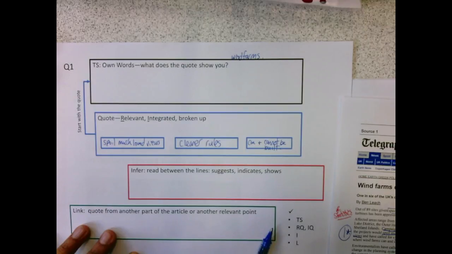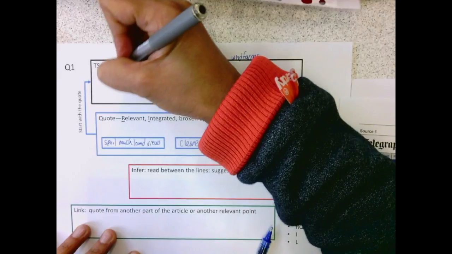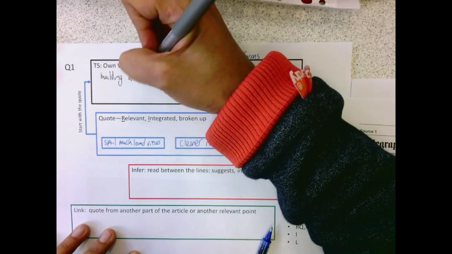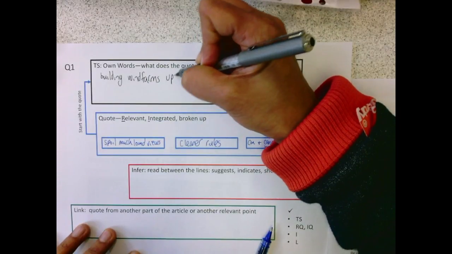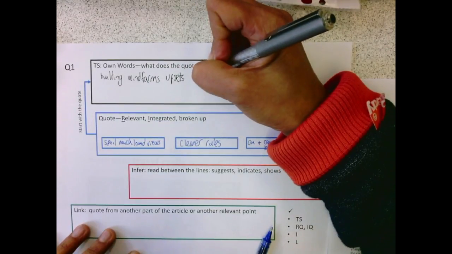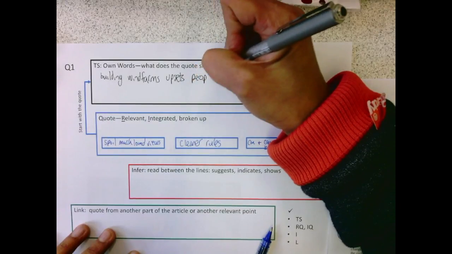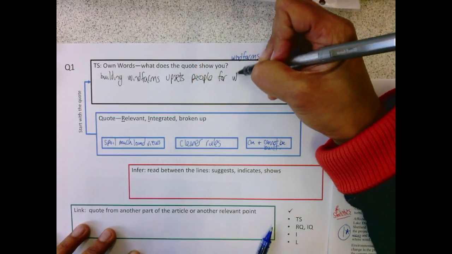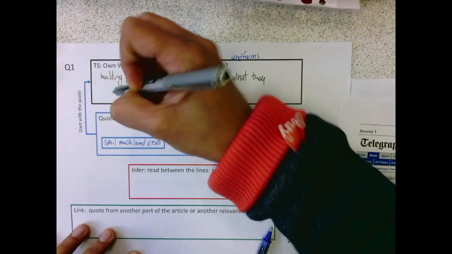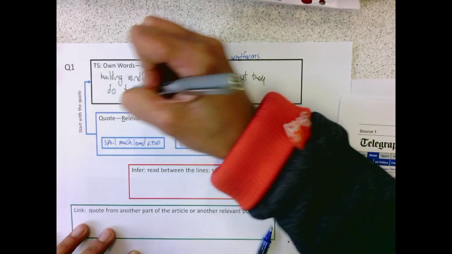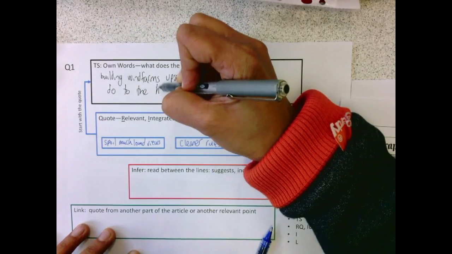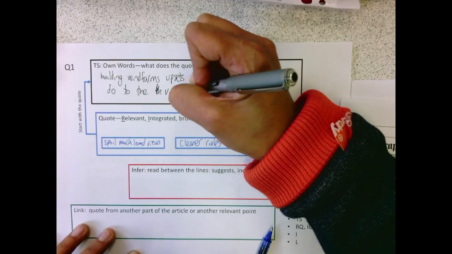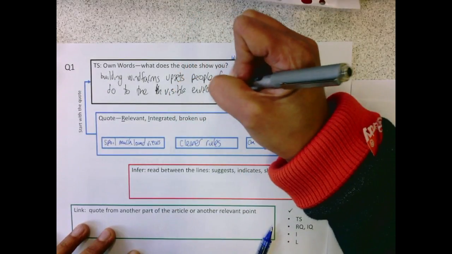Spoiled much-loved views, clear rules, cannot be built. Building wind farms upsets people for what they do to the visible environment. That might be one.